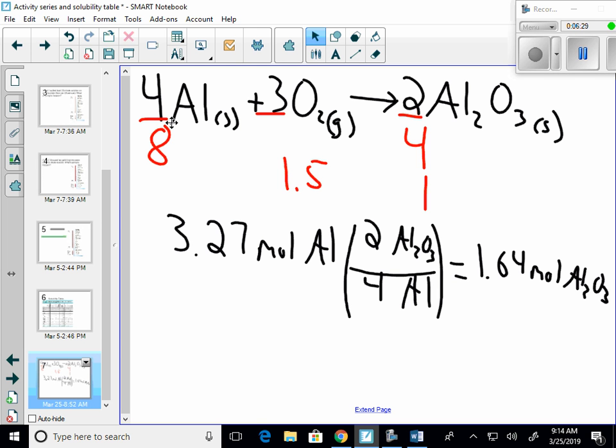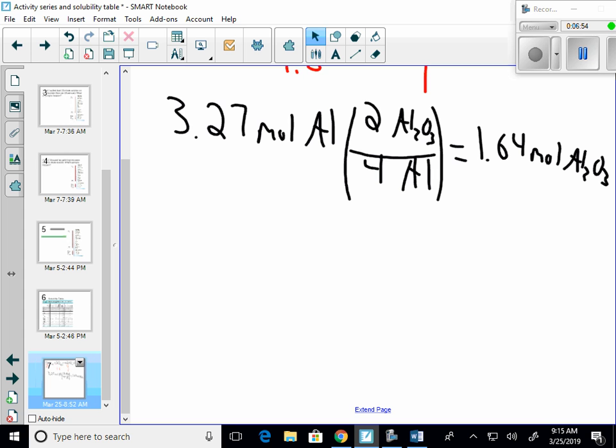The balanced equation is relating moles of aluminum to moles of oxygen to make moles of aluminum oxide. Those coefficients do not relate grams of one thing to grams of another because every element has a different mass. Just like there's a different mass for 2 tablespoons of butter versus a cup of sugar. We can't relate the two based upon mass necessarily.